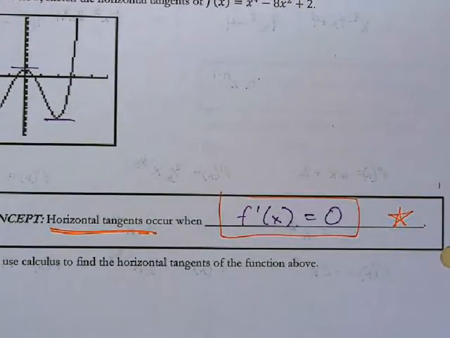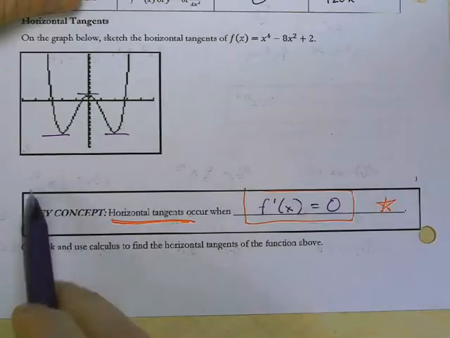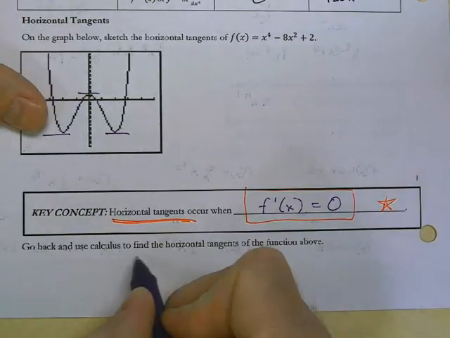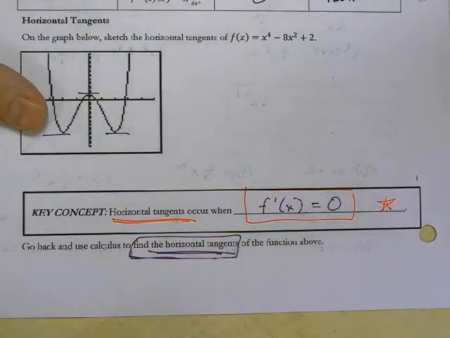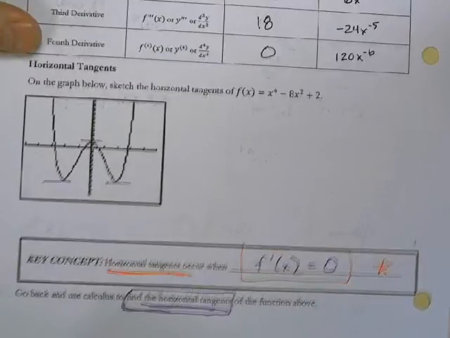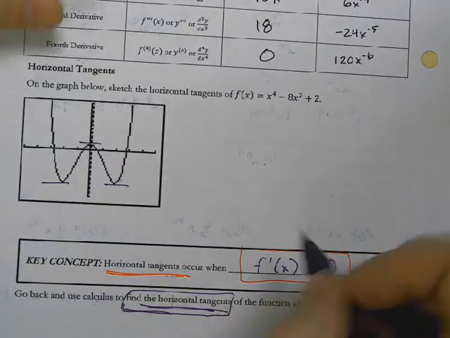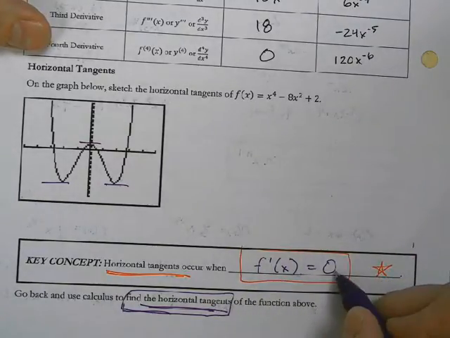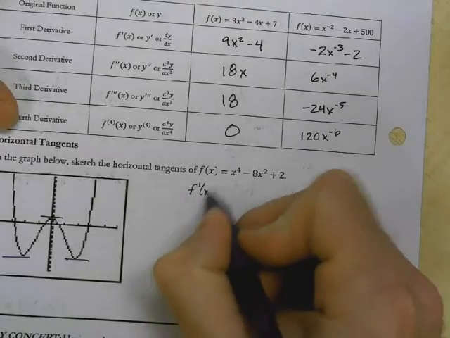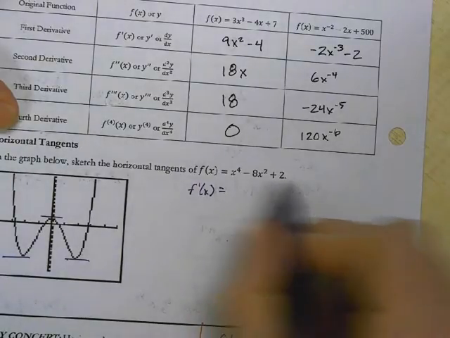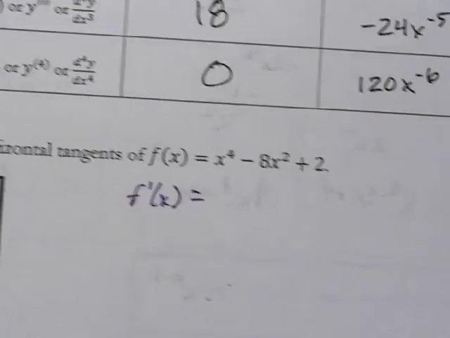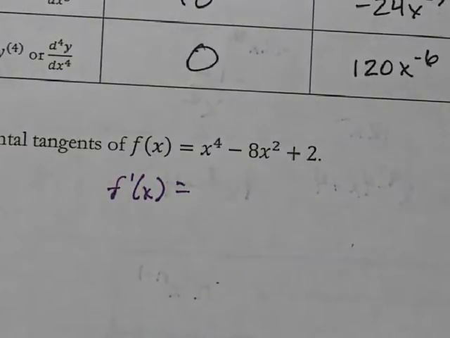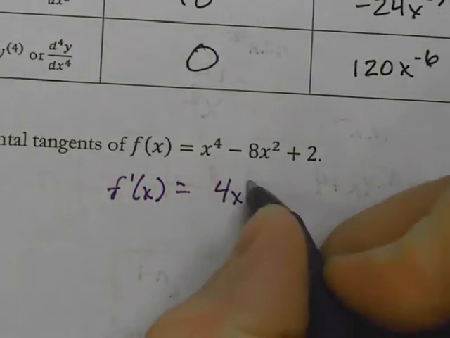So now let's use calculus to actually find the horizontal tangents, and there's a little trick question in here. I'll show you in just a second. If it's when f prime of x equals 0, let's find f prime of x. You can do that very quickly. It's 4x to the third minus 16x.